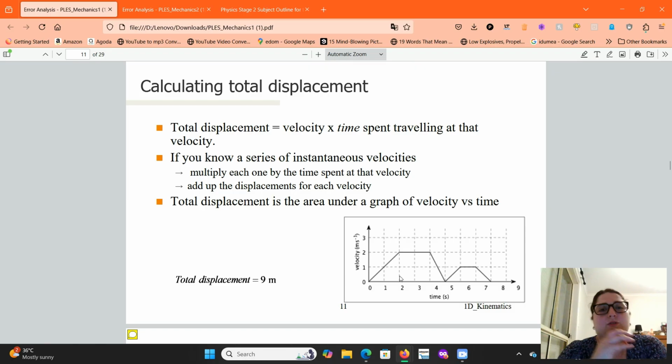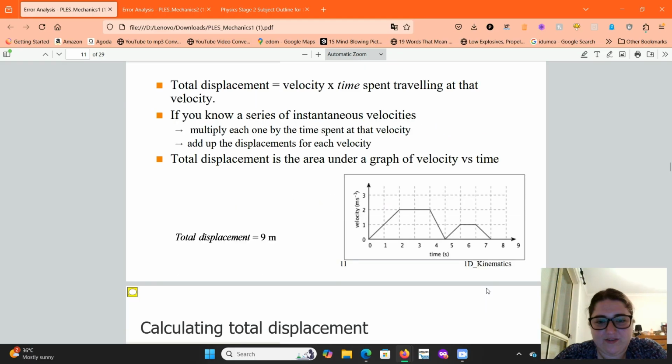I'm sure you all remember your year 7, 8 area maths, so I shouldn't have to go through that with you. If you're unsure, please double check the formulas online, or in your old math textbook. Basically, you add them all together and you get the area under the graph.